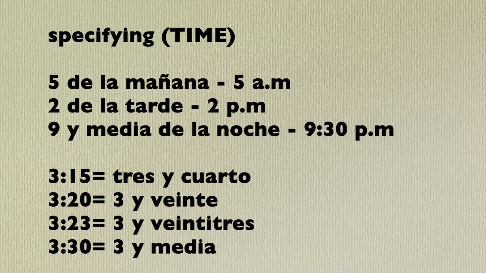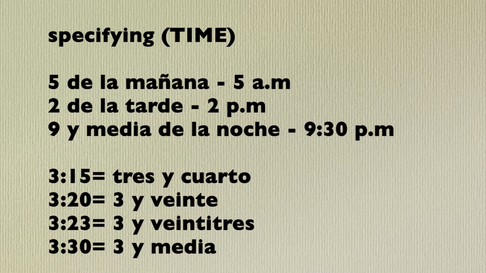If one day you're trying to tell someone it's 3:15 and you only know like the time on the dot, like 12 o'clock, 12:30, 1 o'clock, 1:30. You want to know how to say in between as well, right? So 3:15. Like, what time is it? 3:15. Son las 3:15. 3:20. You'll say 3:20.